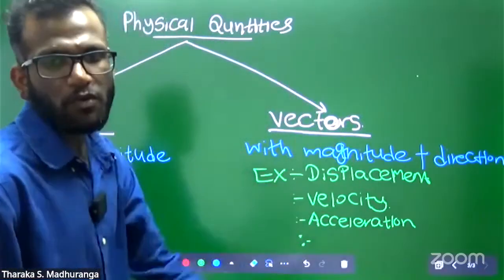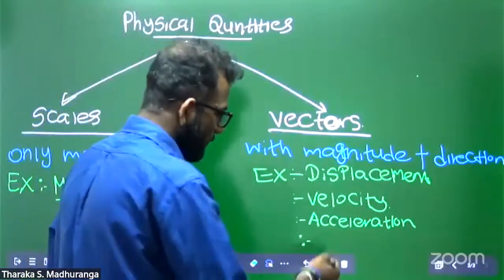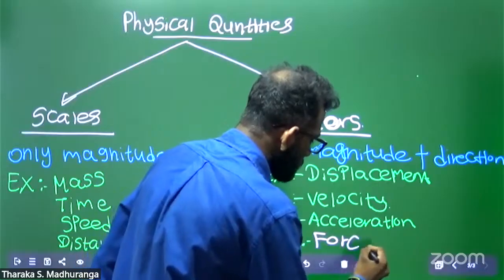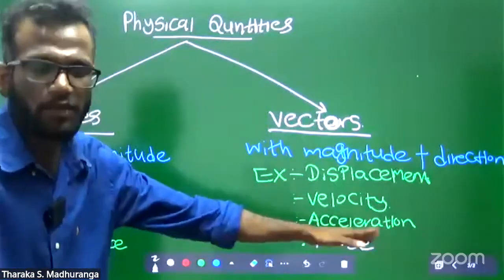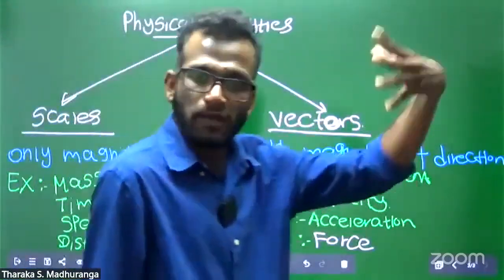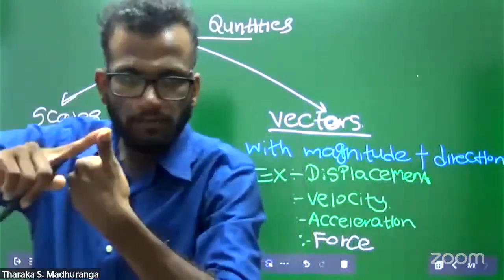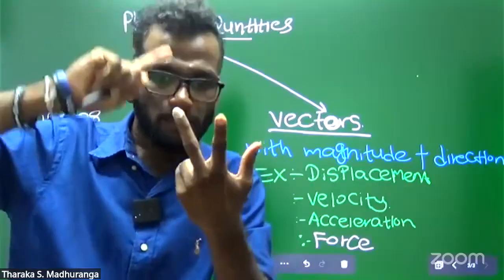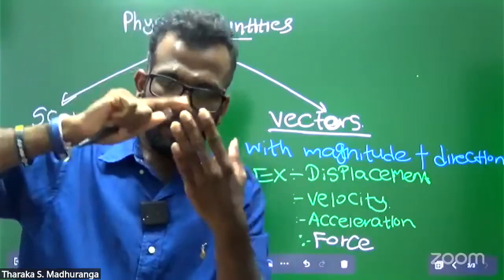Then you want to remember the force also a example for vector. That only you need to remember. Every force type. Okay, force mean every force type. In future parts we discuss the friction force, the different friction force, resultant force, moment of force, for equilibrium force, every forces.